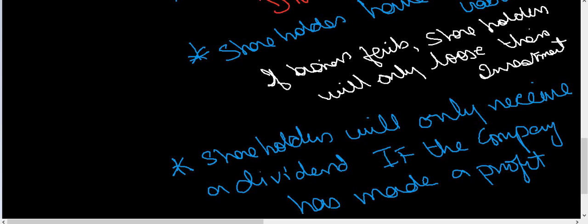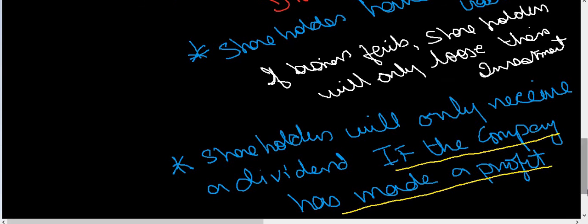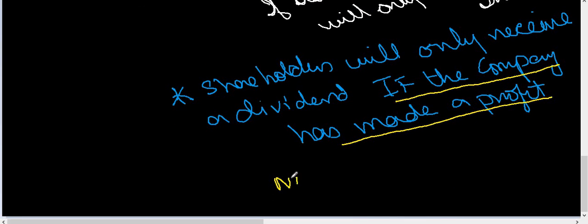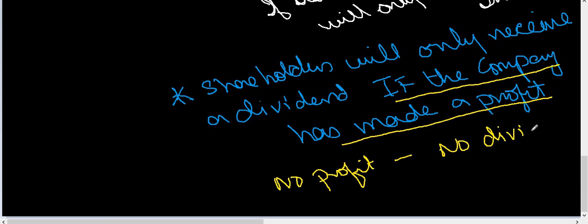So if it has not made a profit, they will not. No profit, no dividend. But if loss, they don't have to pay the loss. So this is what a shareholder is all about.